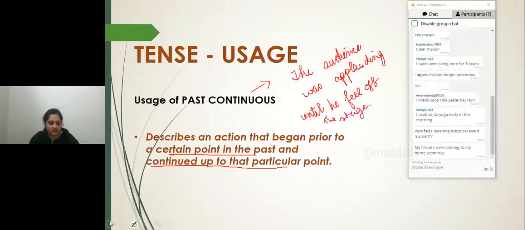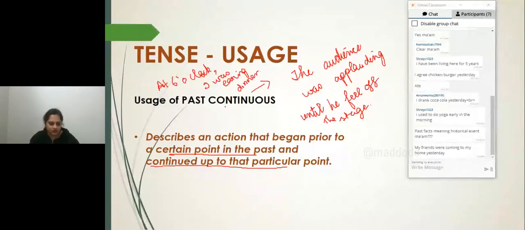In the past this happened, so I will say past continuous. This was happening continuously, the audience was applauding in the past till he fell off the stage, right? At 6 o'clock yesterday, I was eating dinner. So this action was in continuation in the past, right?